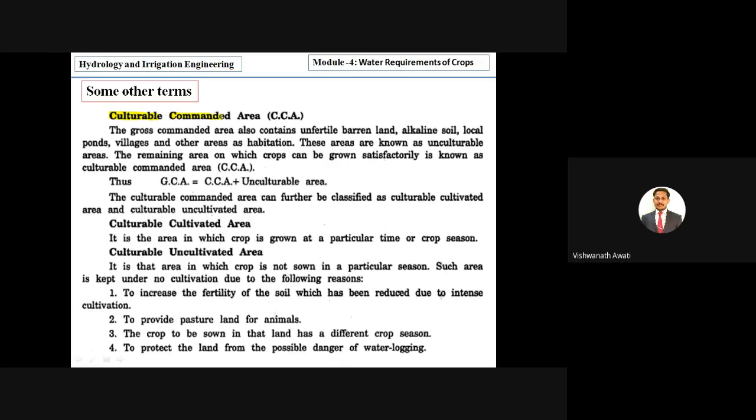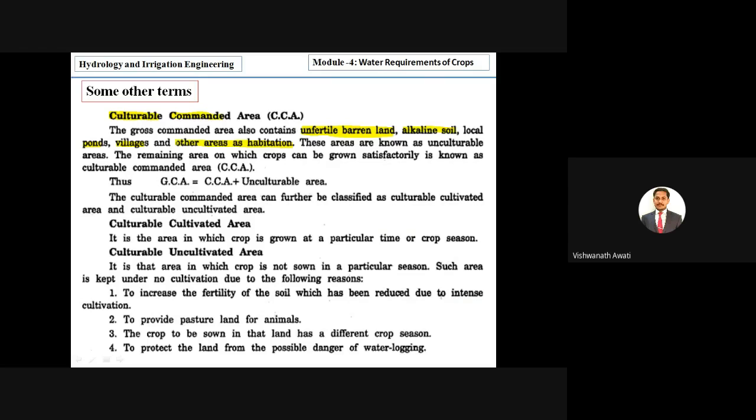It is a commanded area, but here we have to understand cultivable and uncultivable. We have cultivable commanded area, and we have one more, uncultivable commanded area. The gross commanded area also contains unfertile barren lands. Even if the area can be irrigated, the land may not be good or fertile for agriculture, or it is alkaline soil, local ponds, villages, other habitations, or forest.